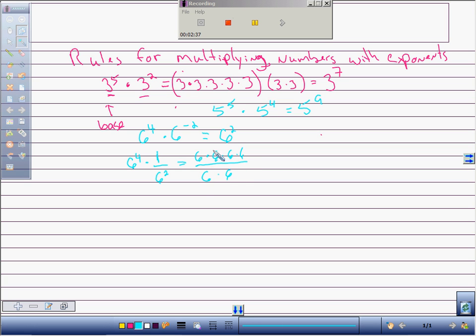How many of these 6's can I cancel out? I can cancel out 2 6's, so what I'm left with is 6 times 6, which is 6 to the 2. Which you could just do out, which is 36, or you could leave it at 6 to the 2.